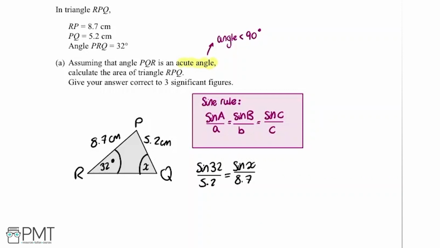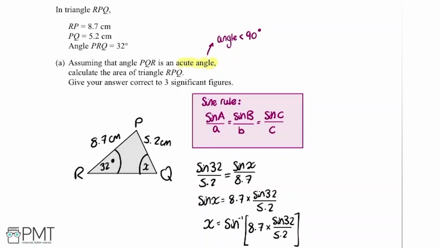So if I multiply both sides by 8.7, we'll get sine x by itself. So I'm going to do 8.7 multiplied by sine 32 over 5.2. And to get x by itself, we need to do inverse sine of all of this. So inverse sine of 8.7 multiplied by sine 32 over 5.2.